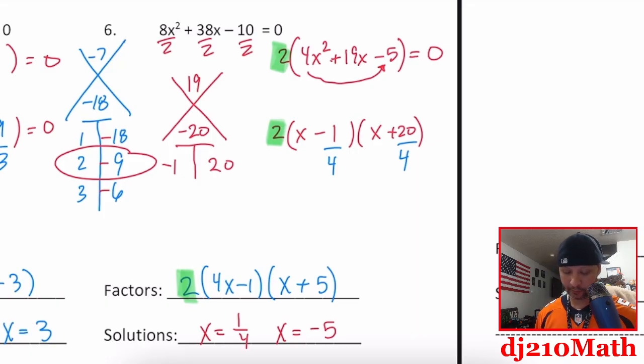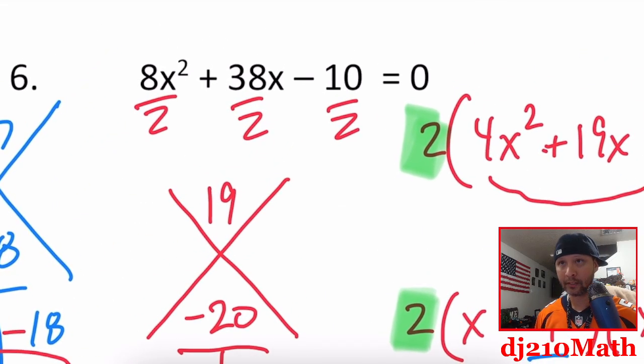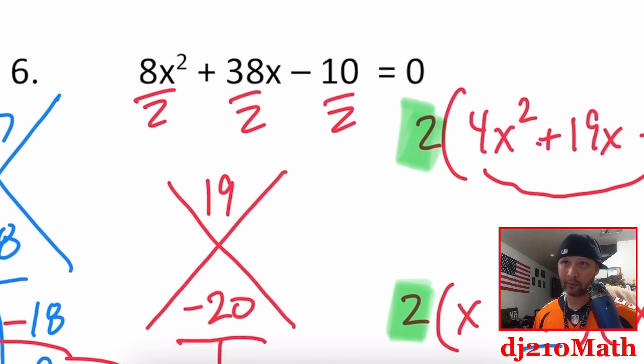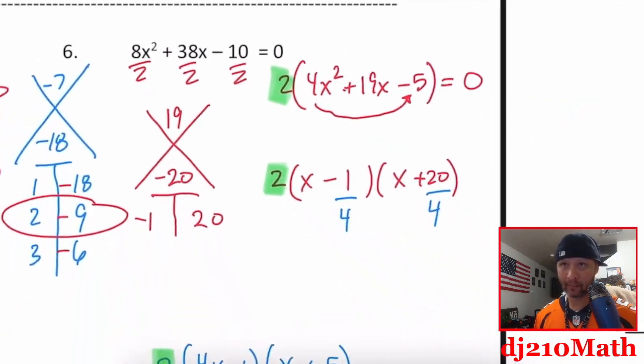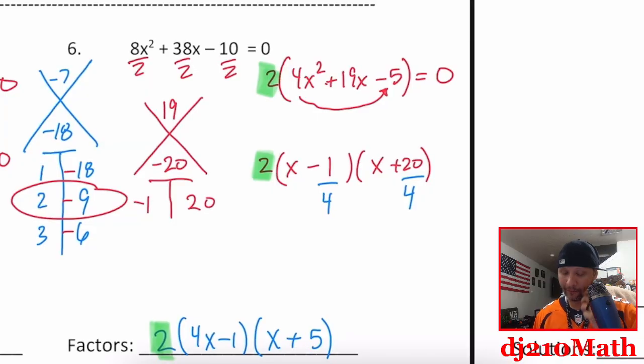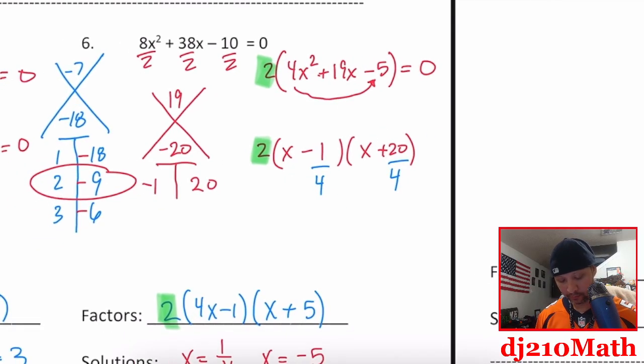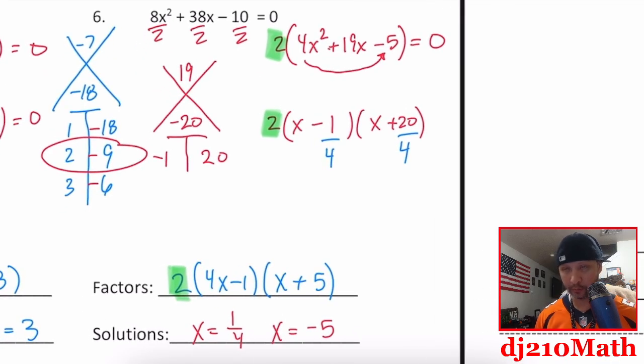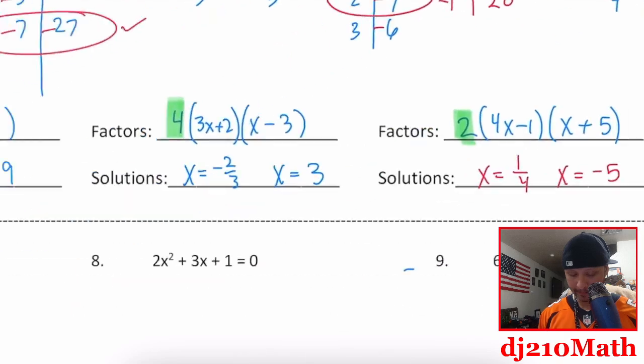I want to say something else right here, but I don't want to confuse you. We could have just got rid of the 2 altogether, but that wouldn't be a factor. Yeah, I'll leave it at that. So the 2, since we pulled out the GCF, has to be in the answer for the factors, that is. And then the solutions are what the solutions are. Okay.